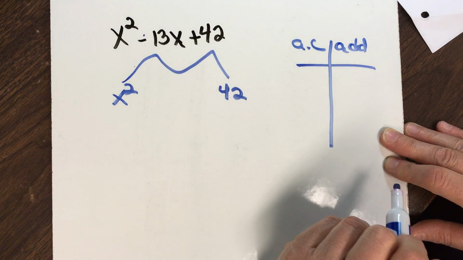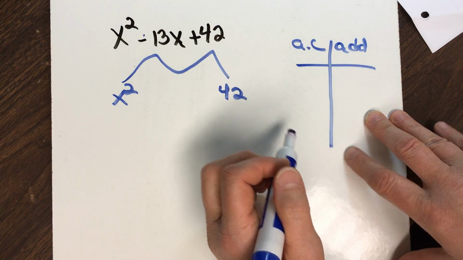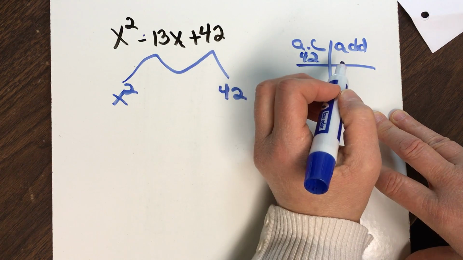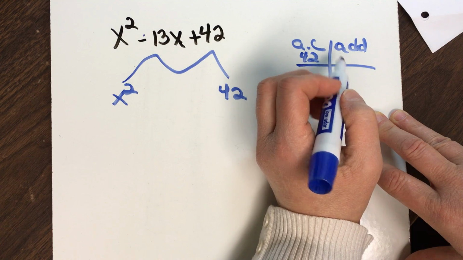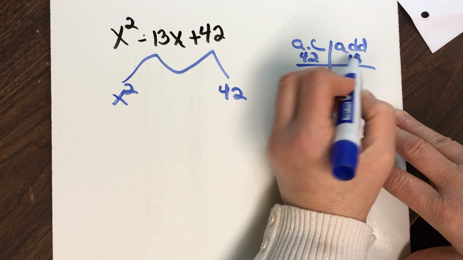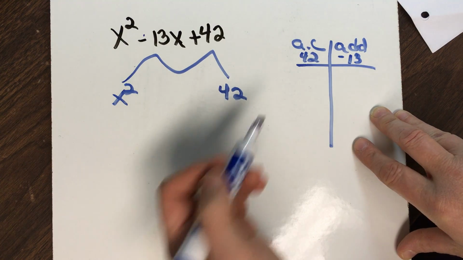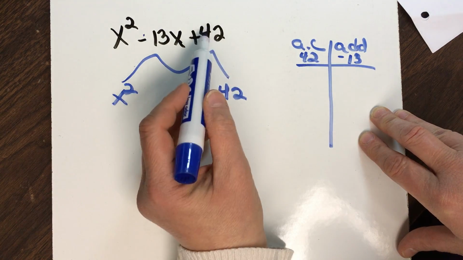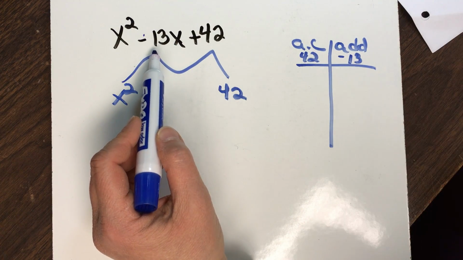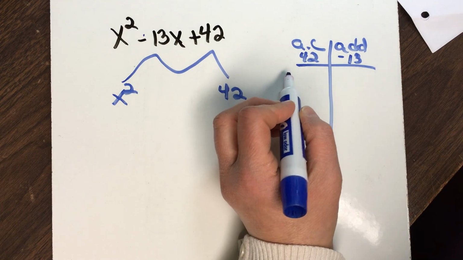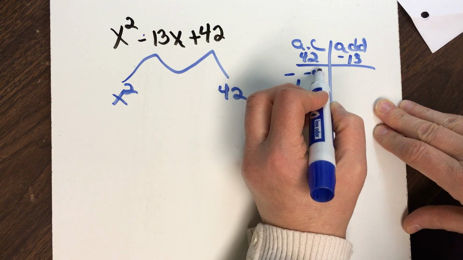I'm going to get to 42. And then I need to add to a negative 13. So I need a positive 42, but in the middle I need something that's negative. So in this case, both of my terms are going to be negative.